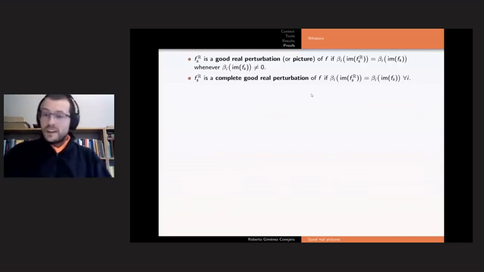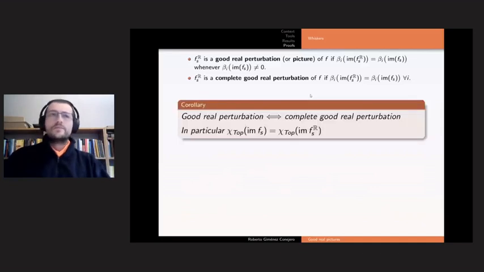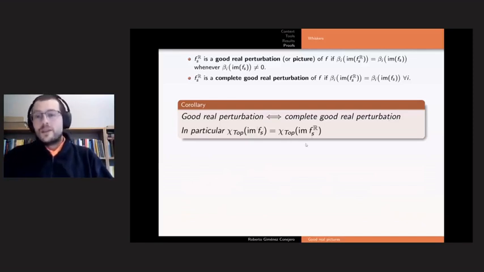This kind of theorem of the image computing spectral sequence allows us to prove that they are equivalent without the condition of column one. This is always true. So good real perturbations are always complete good real perturbations and vice versa, which is trivial. In particular, the Euler characteristics of the real image and of the complex image are equal. And this is also something that we use in the paper.